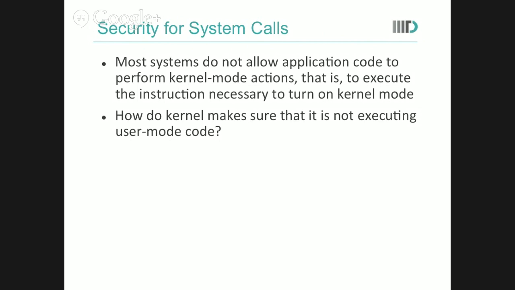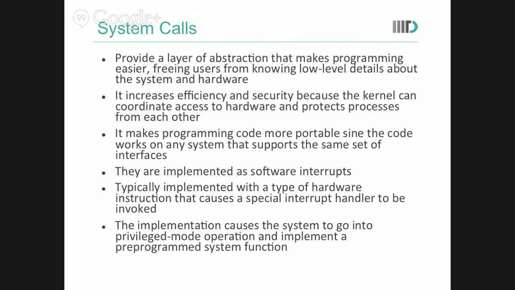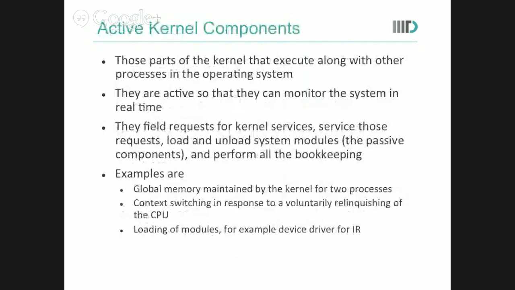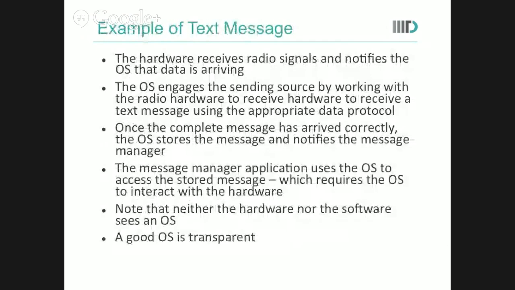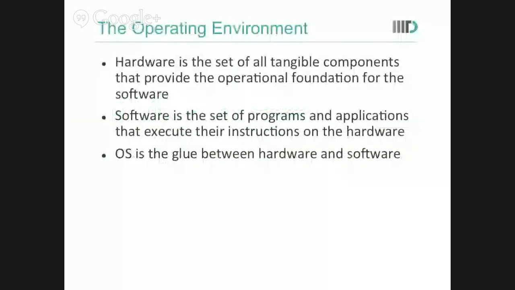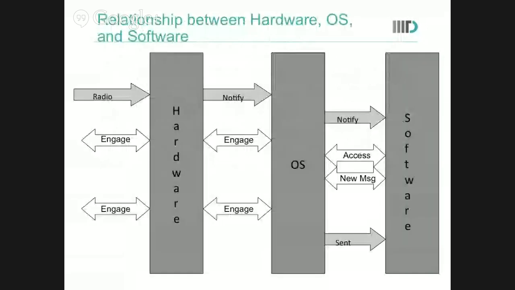So what we learned today, let me go back very quickly. We looked at how things work in a typical mobile operating system: where the hardware is, where the OS is, where the software is, and how they talk to each other.